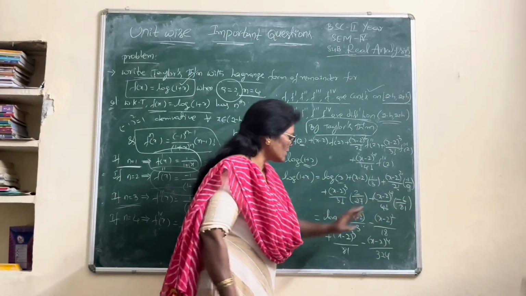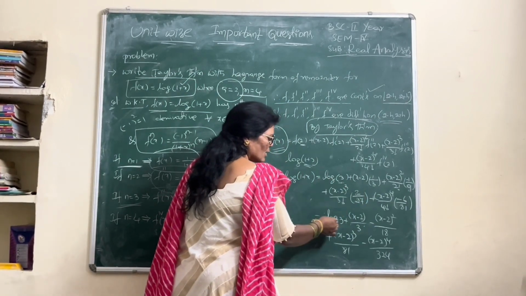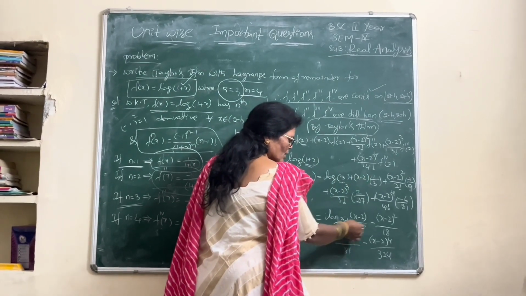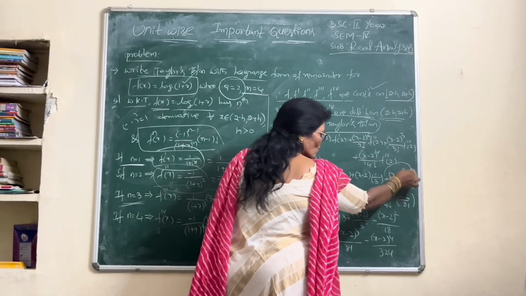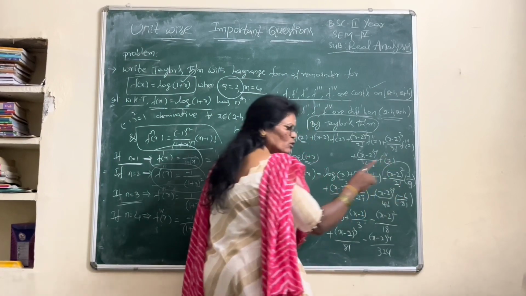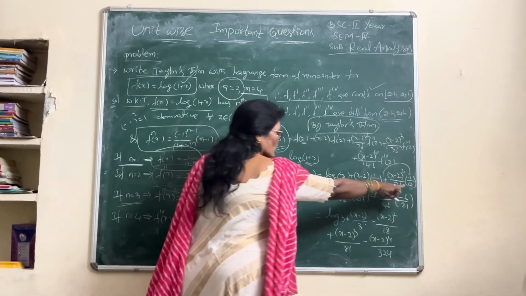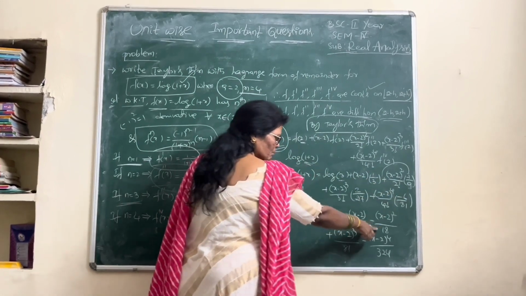So minus 6 by 81. After simplifying this expansion: log 3 plus (x minus 2) by 3 minus, because plus into minus is minus, (x minus 2) whole square by 2 factorial, which is nothing but 2 into 1 only, and into 9 is there, 9 2s are 18.